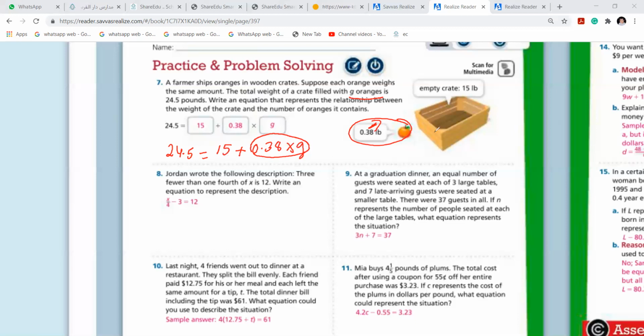Plus also you need to take the weight of the crate. Again, girls, when you weigh something, you will weigh the cover also, right? So the cover plus oranges. One orange is 0.38, so G oranges is 0.38 times G. Any question here? This all total will give me 24.5.